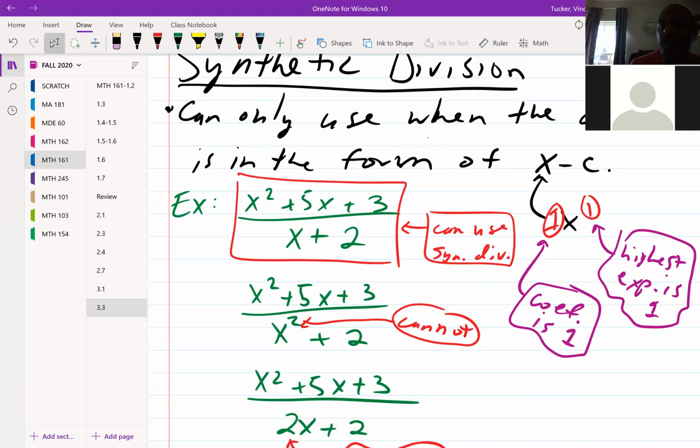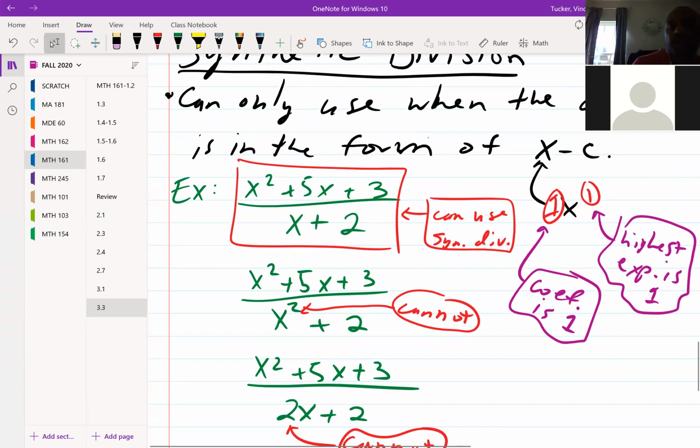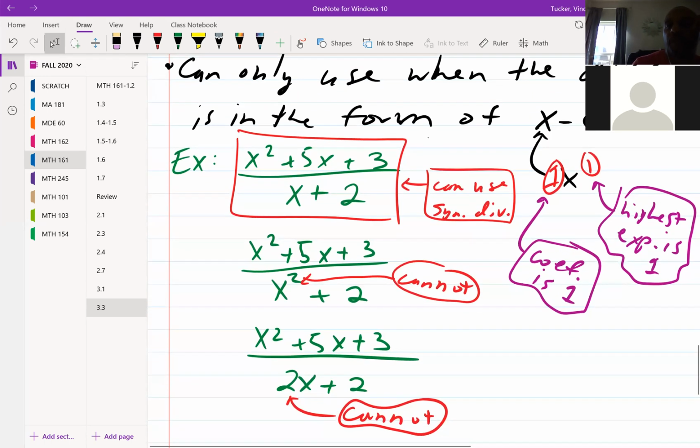You can only use synthetic division when the divisor is in the form of x minus c. So in other words, the highest exponent on your x or your variable is 1, and the number that's sitting in front of x, your coefficient, is 1. So when we look at that first example, x squared plus 5x plus 3 divided by x plus 2, I can use synthetic division for this problem.